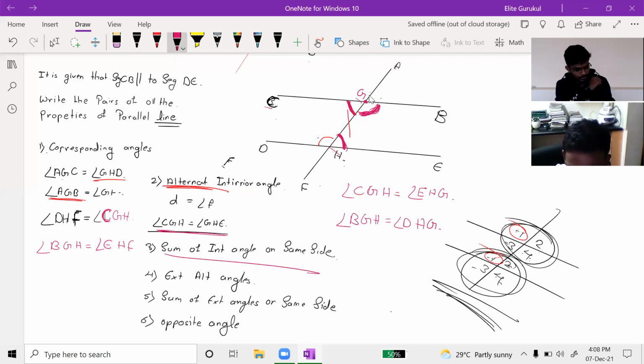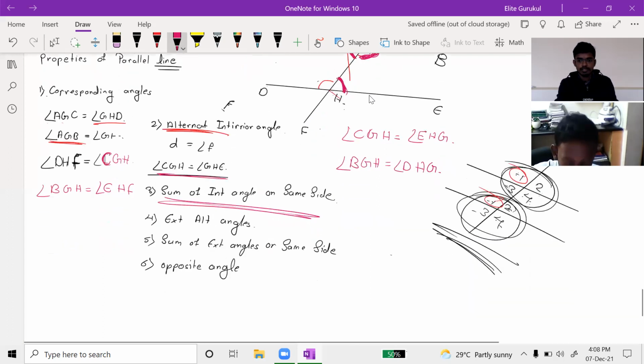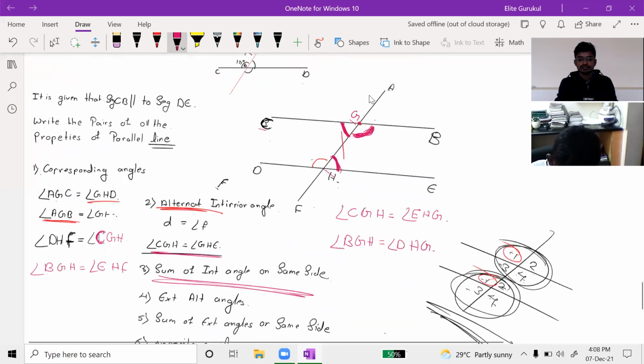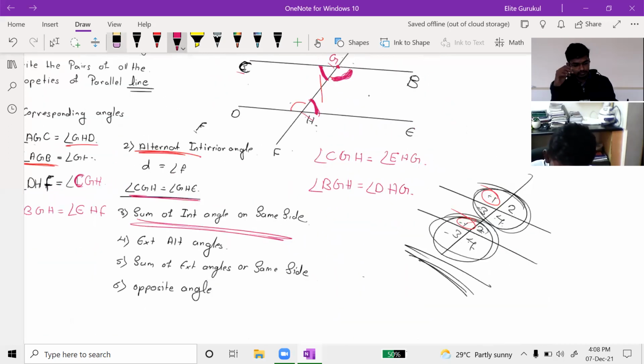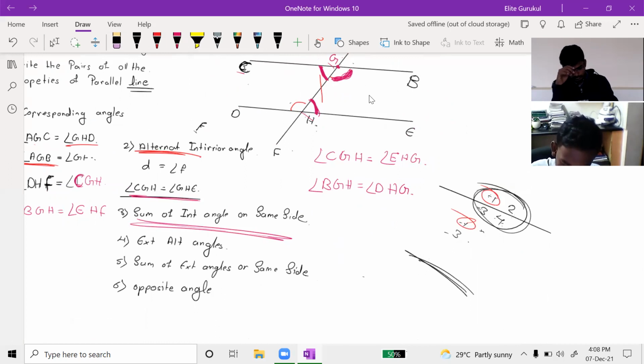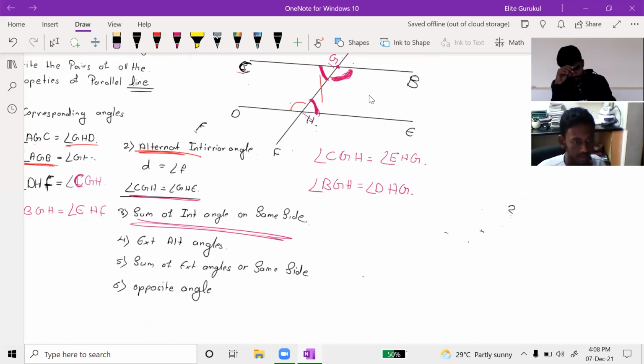Now tell me the sum of internal angles. Come on, tell me the sum. Sum of internal angles on the third one.